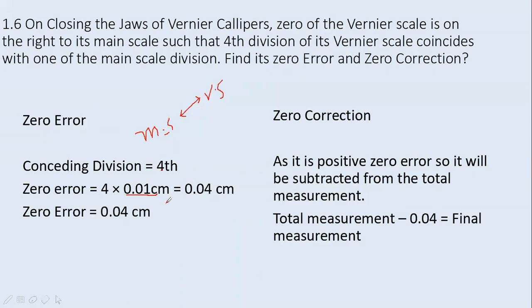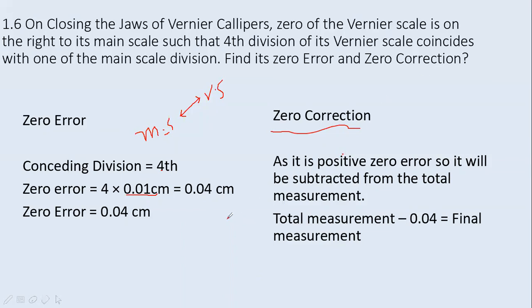Zero is to the right, so the zero error will be positive. As it is a positive zero error, it will be subtracted from the total measurement. Total measurement minus 0.04, and you will calculate the final measurement.